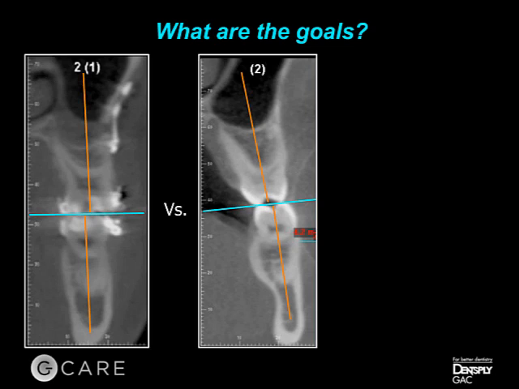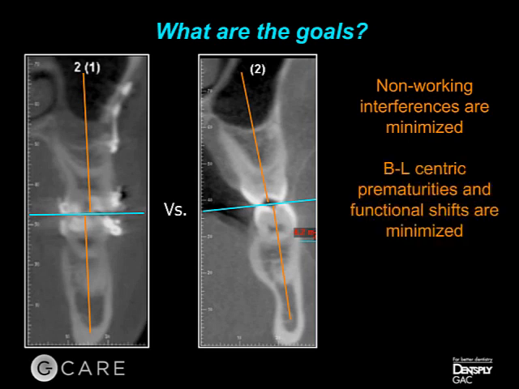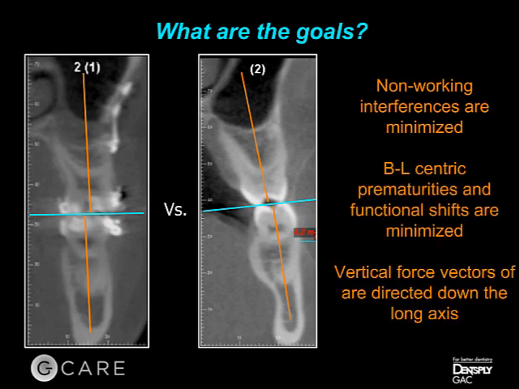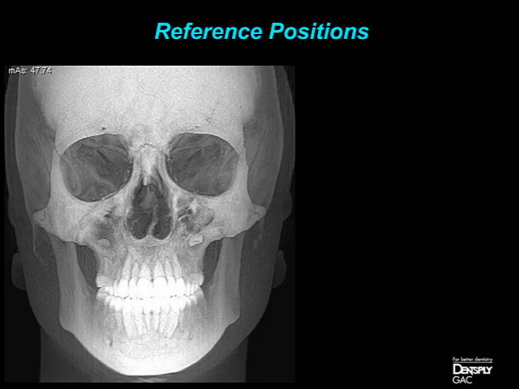Once we normalize those posterior relationships, well, you can imagine that non-working interferences are going to be minimized. Centric prematurities and functional shifts are minimized. And now we have vertical force vectors of mastication directed down the long axis of the tooth. But in order to really have those goals and objectives and outcomes, once again, we need a reference position.